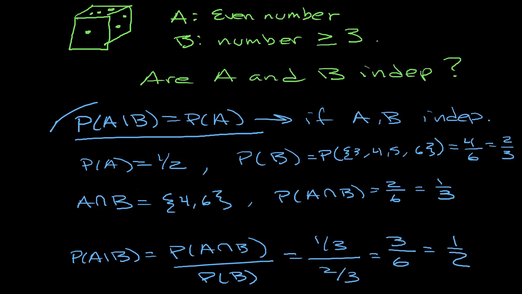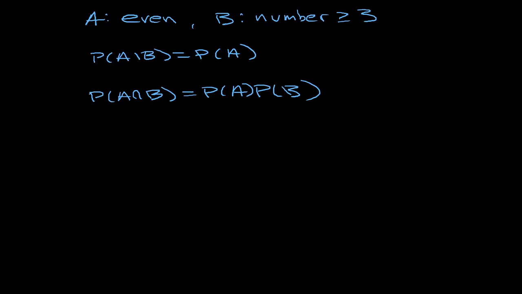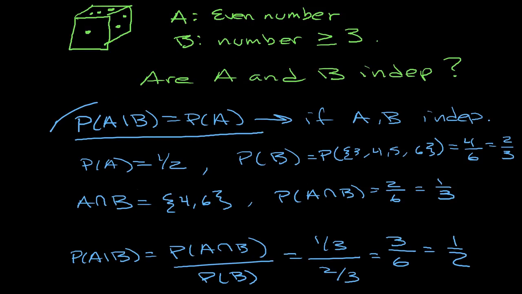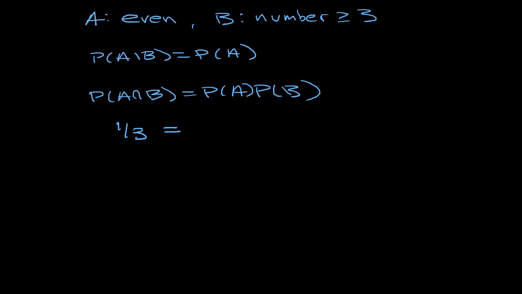It's 1/3. It's supposed to be the product of the probability of A times the probability of B. We know that the probability of A is 1/2. The probability of B is 2/3. So 1/2 times 2/3. This is just 1/3. So this is the same as this. So again, they are independent.